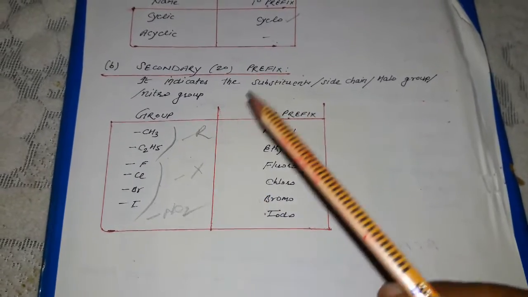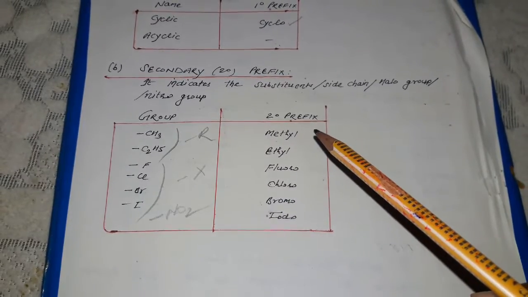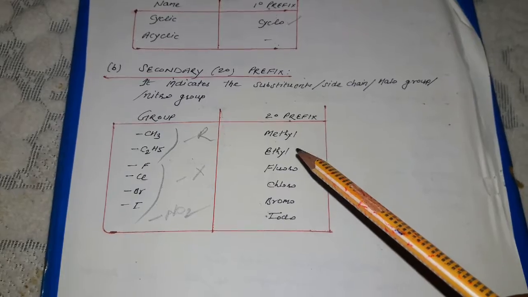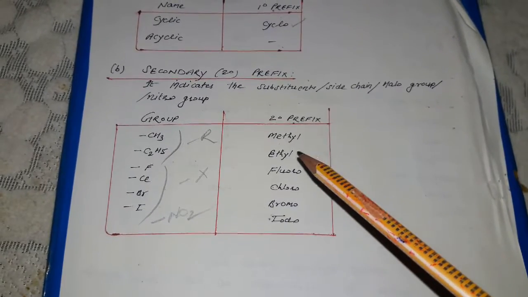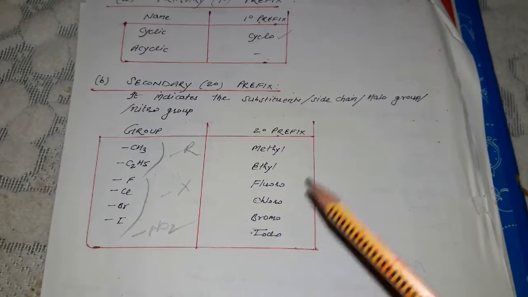So these are the three types of substituents that can be attached to the main cyclic chain or simple open chain. These are the names of the prefixes: methyl, ethyl, and for halo we use fluoro, chloro, bromo, iodo, and for NO2 we use nitro.